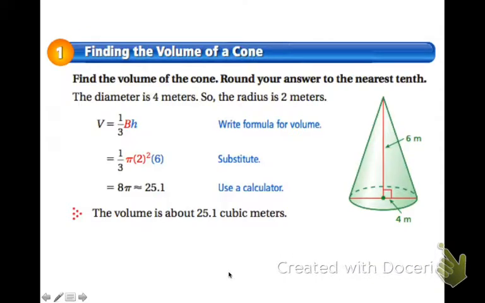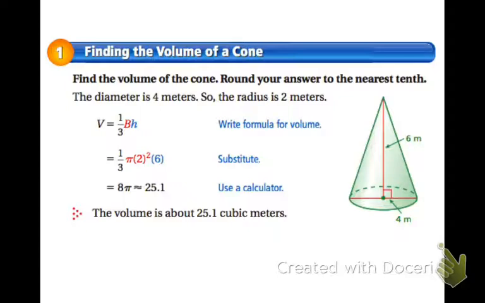So here's an example. We're going to find the answer and round it to the nearest tenth. Since the diameter is 4, we know that the radius is equal to 2 meters. When we do this, we will substitute in, and we would have 2 for the radius, so 1/3 pi r squared times height.